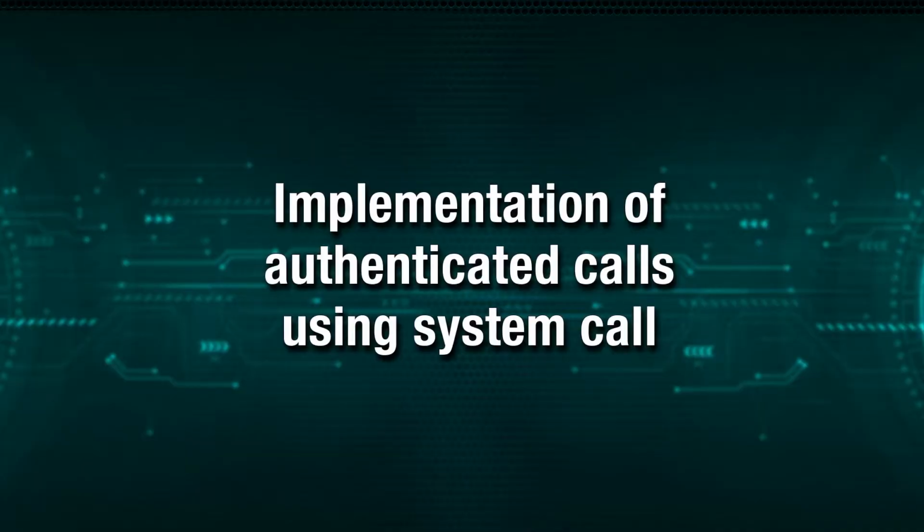Implementation of authenticated calls using system call. An authenticated system call is a system call augmented with extra arguments that specify the policy for that call and a cryptographic message authentication code, or MAC, that guarantees the integrity of the policy and the system call arguments. This extra information is used by the kernel to verify the system call.